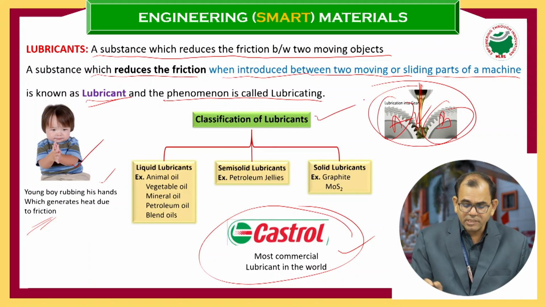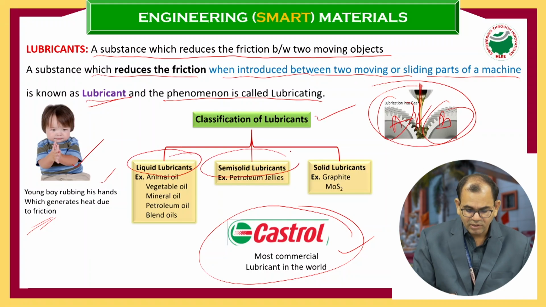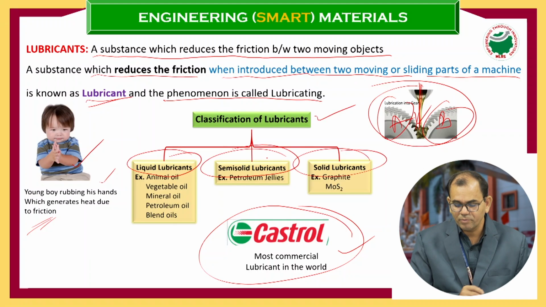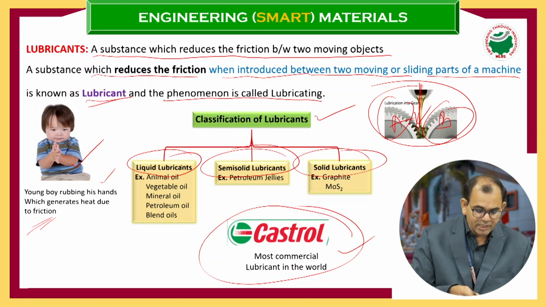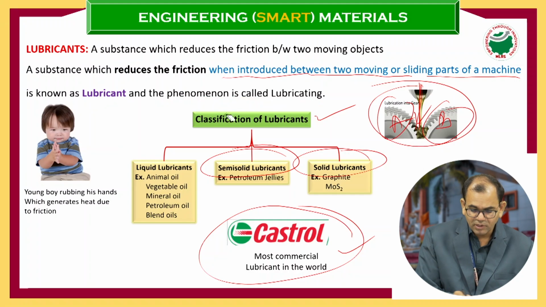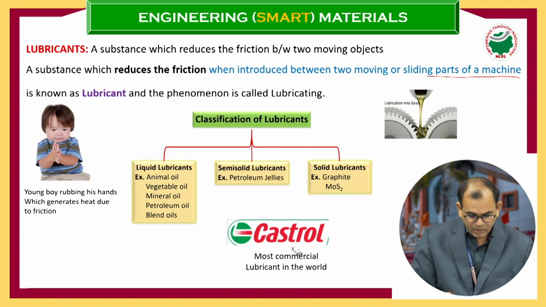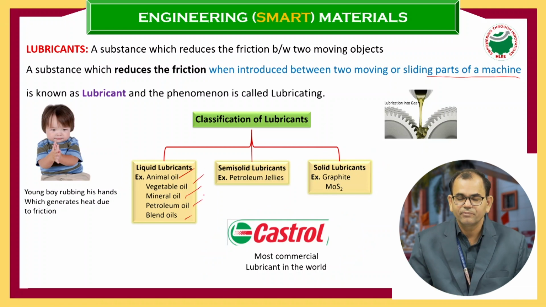Now, lubricants are categorized into three types: liquid lubricants, semi-solid lubricants, and solid lubricants. What are the examples of liquid lubricants? Liquid lubricants are animal oil, vegetable oil, mineral oil, and petroleum oil blends.